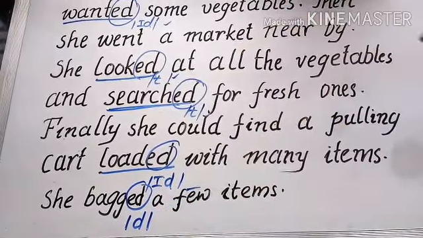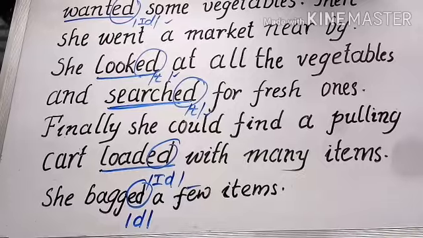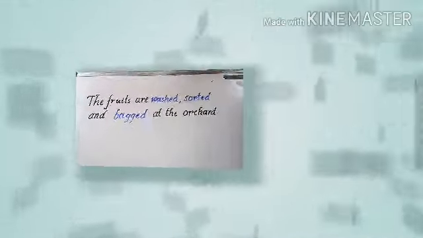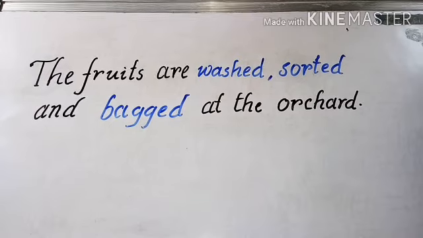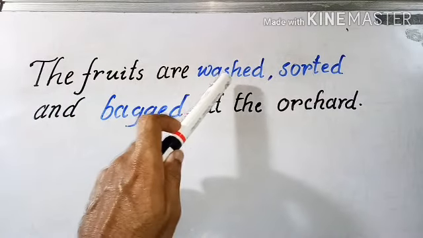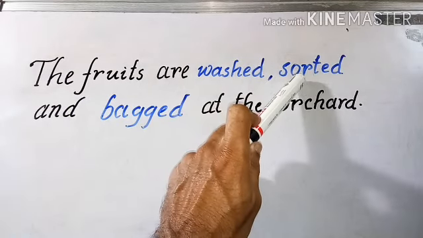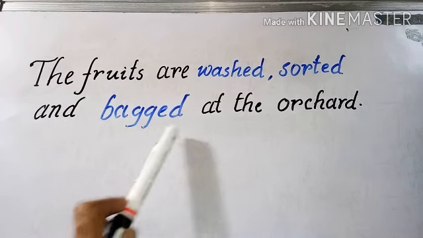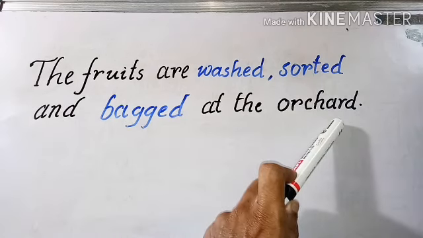So what is the governing principle behind this? We have to know that. Let us continue with this. Here we have a very simple example. The fruits are washed, sorted and bagged at the orchard.